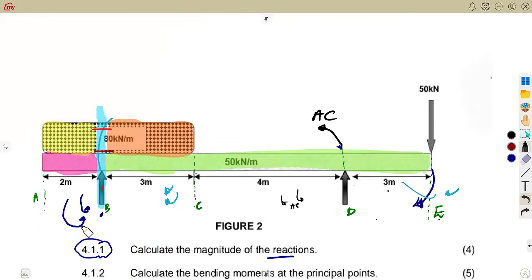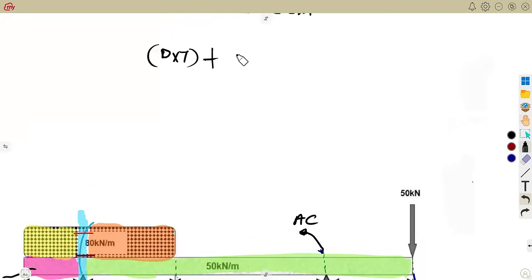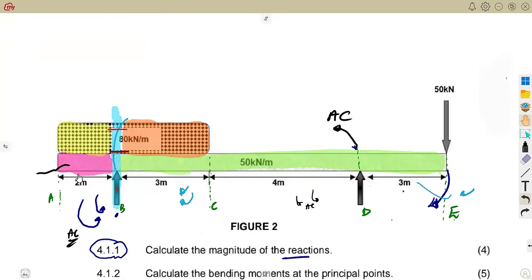Let's start with the 50 kilonewton per meter. It is covering 2 meters. Remember, this is kilonewton per meter, so you must multiply by the distance, which is 2 meters on the left side.